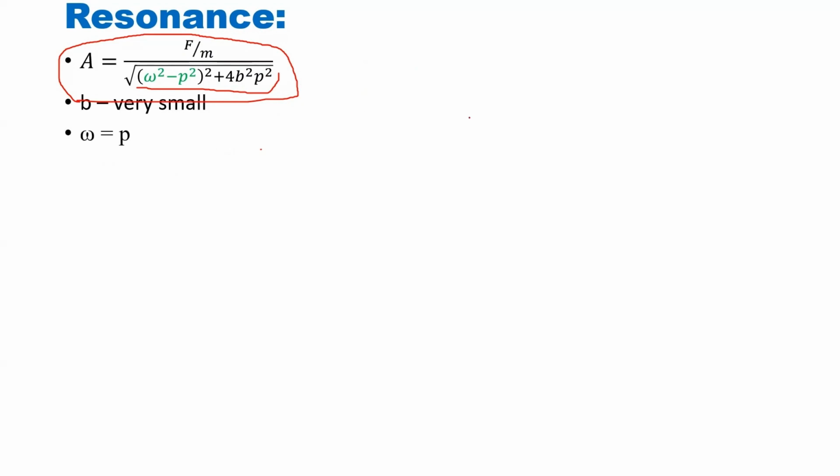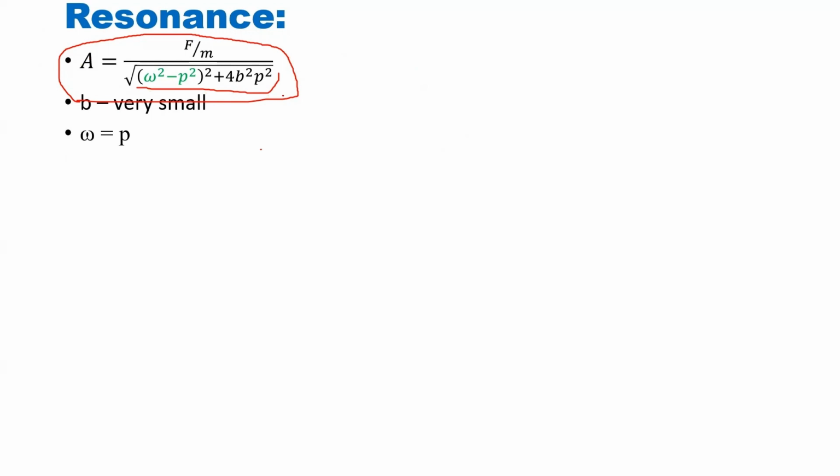When any function has a minimum at any position, at that situation the first derivative should be 0. So at maxima and minima of any function, the first derivative should be 0. Now the function is the denominator. At resonance, we get maximum amplitude, which means the denominator should be low.